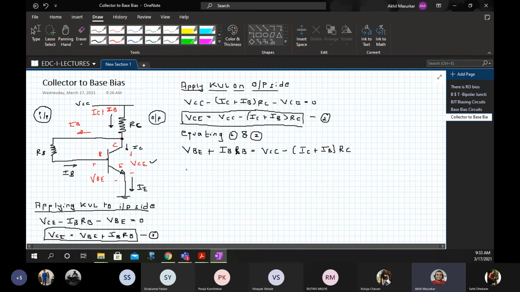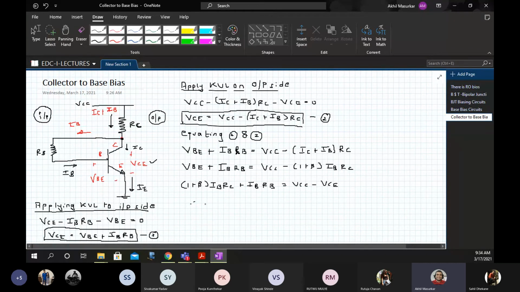So we can write here now VBE plus IB RB equal to VCC minus (1 plus beta) times IB into RC. So this will be (1 plus beta) IB RC plus IB RB equal to VCC minus VBE.